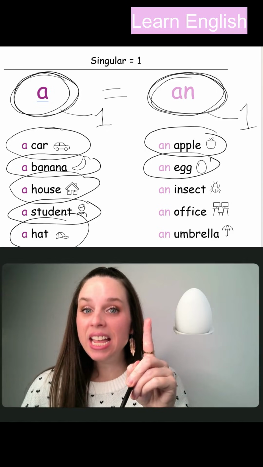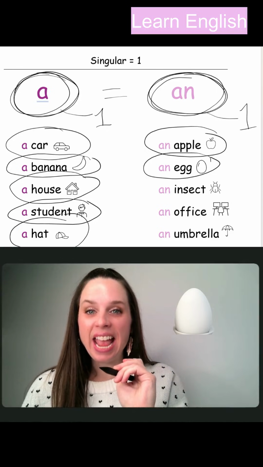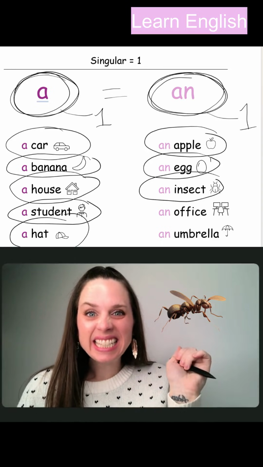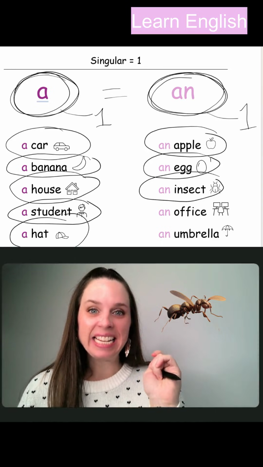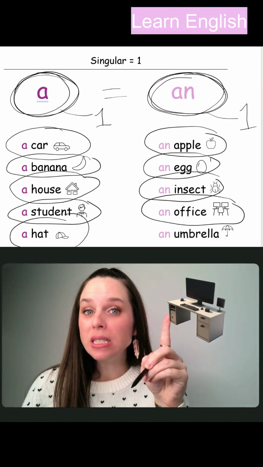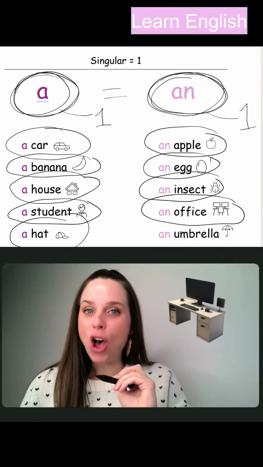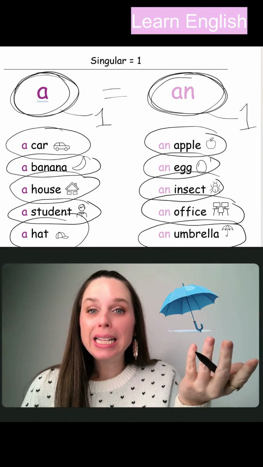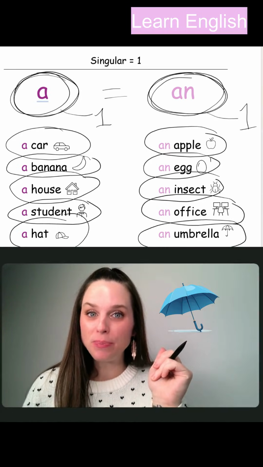One egg, an egg. One insect, an insect. One office, an office. One umbrella, an umbrella.